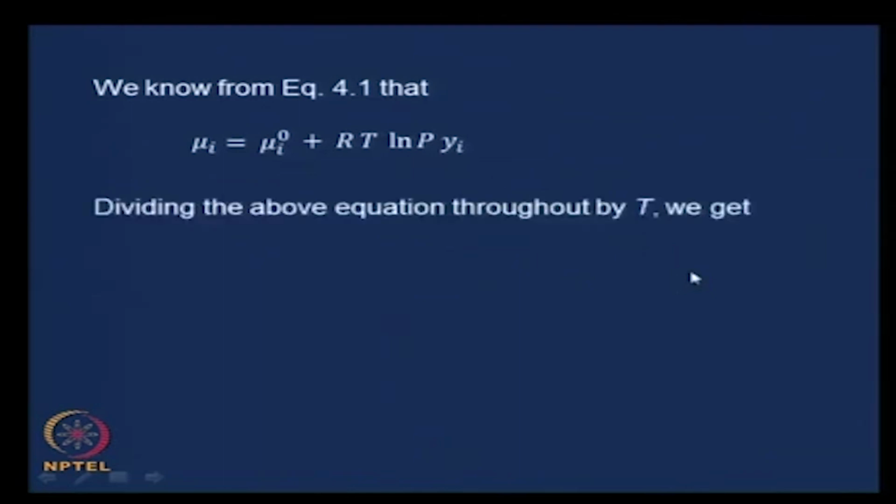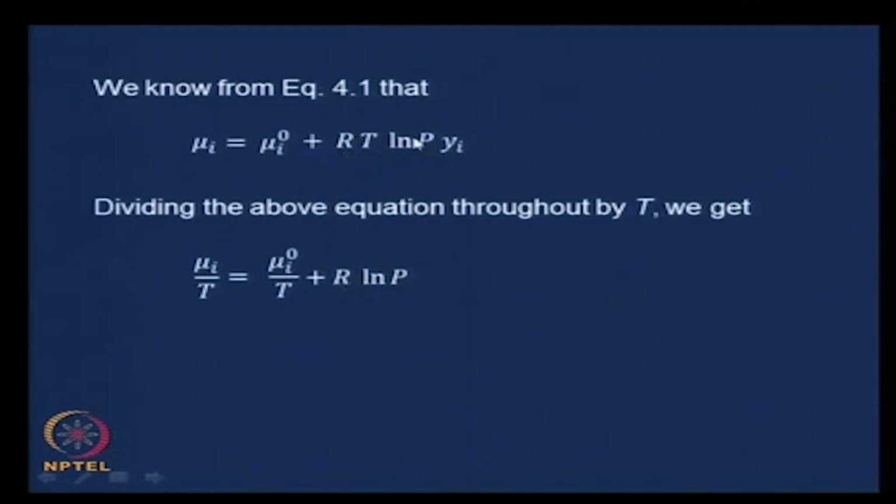We know from equation 4.1, which is just the definition of the chemical potential, that μi = μi° + RT ln P yi. We are still with the perfect mixtures. Let us divide this equation throughout by T, then we get μi/T = μi°/T plus of course R ln P. I have just split this term, ln of A into B, that is ln A plus ln B, and there is an RT that is multiplying.